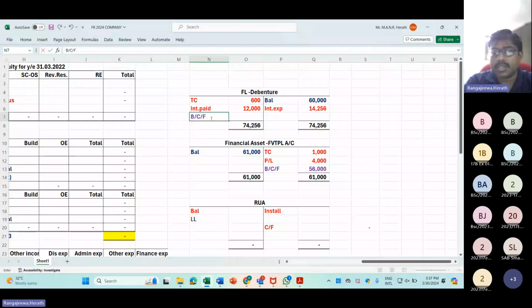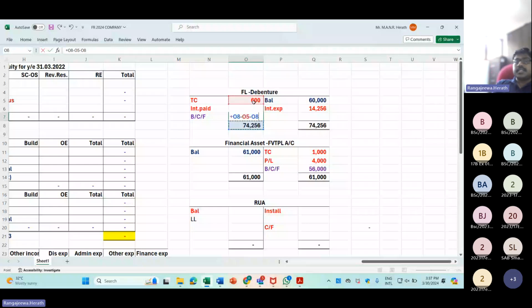This is the amortized cost of financial liability, $61,656. 61,656 is the value of the debenture.